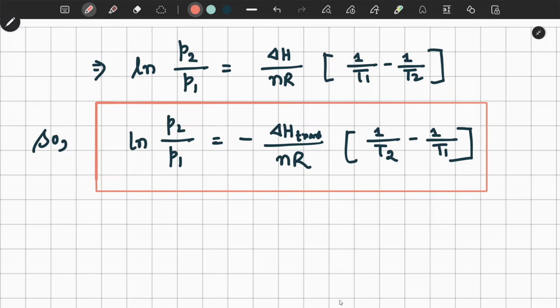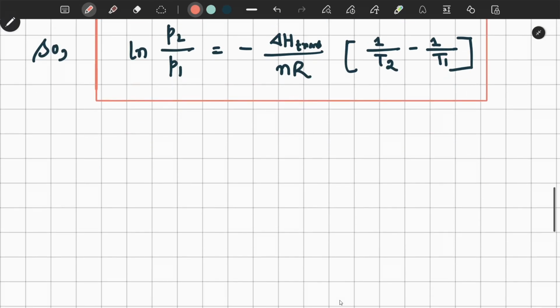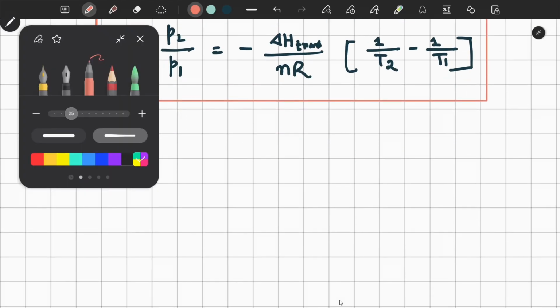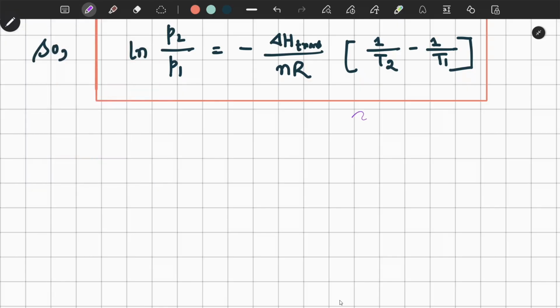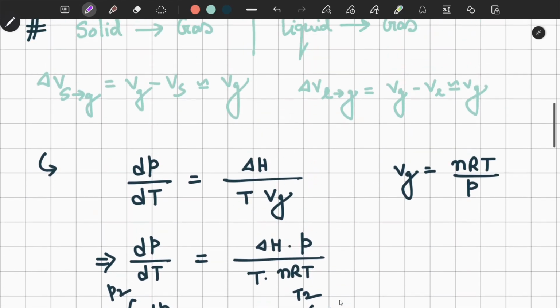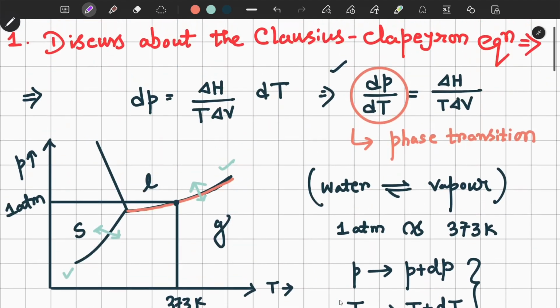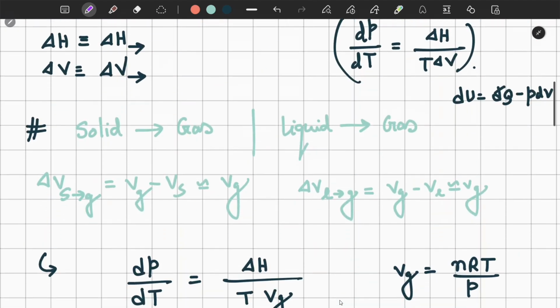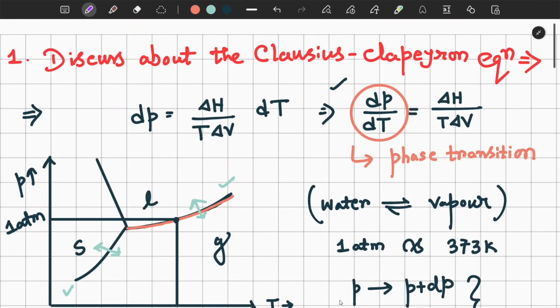Previous one was the Clapeyron equation, the general one, and this is the Clausius-Clapeyron equation.